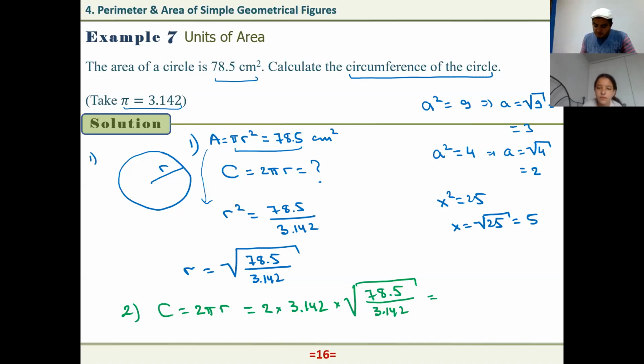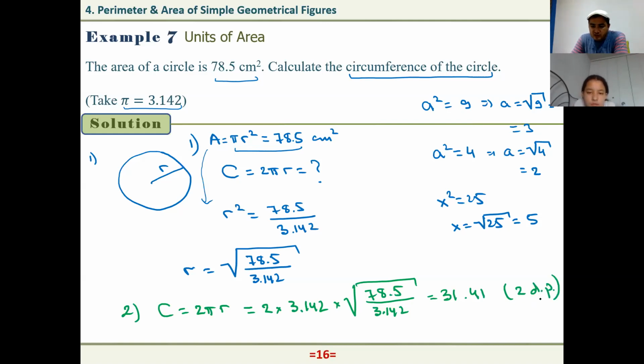So how are we going to calculate this? Just key in everything. It is 2 times 3.142 times square root, and after that press fraction. Numerator is 78.5 over 3.142. The answer is 31.41, correct to 2 decimal places.